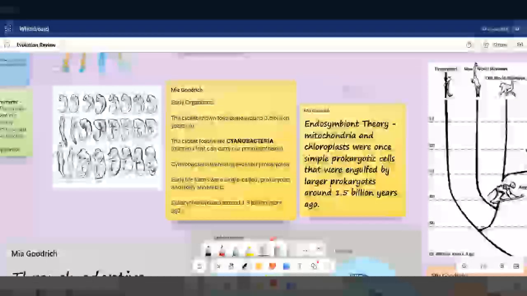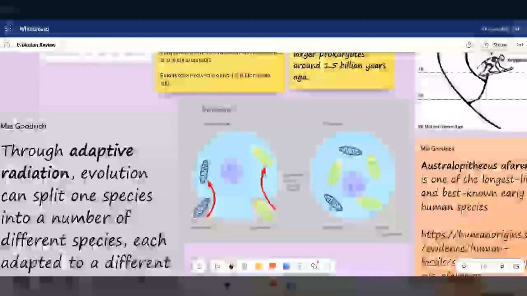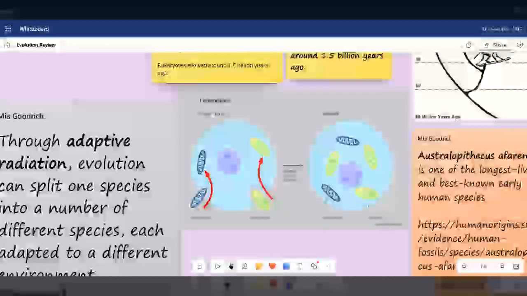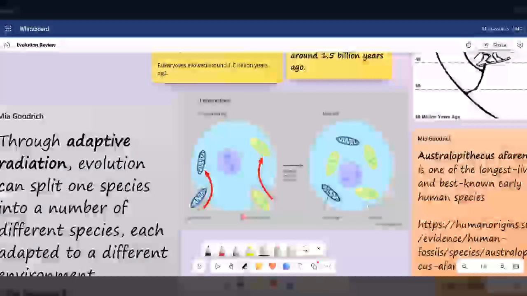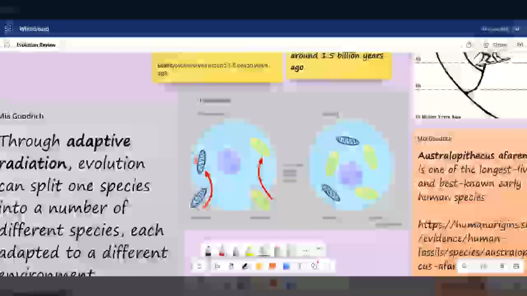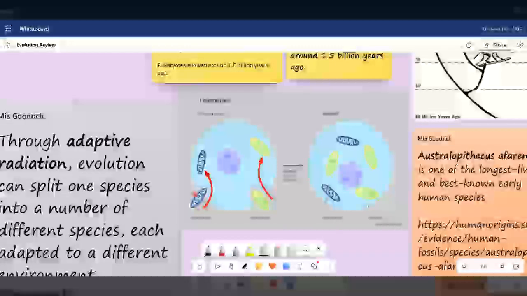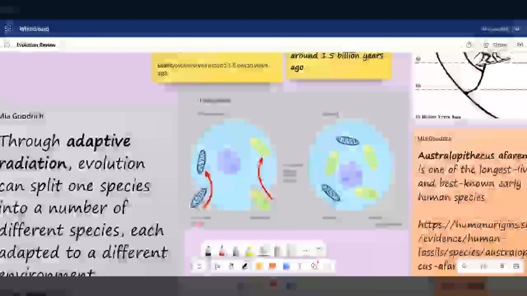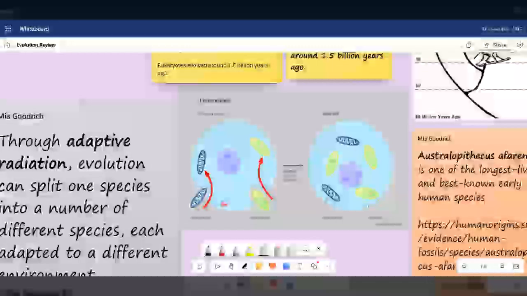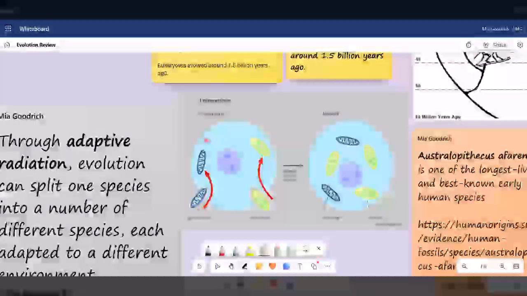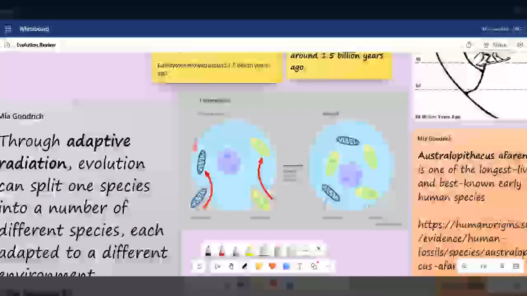So here I have a little diagram to kind of show you what I mean. Here you have this host cell, okay? Maybe it's prokaryotic, and then we have our mitochondria and some sort of bacteria or chloroplast, okay, that was once independent, that is now being engulfed or absorbed by this larger cell, okay?